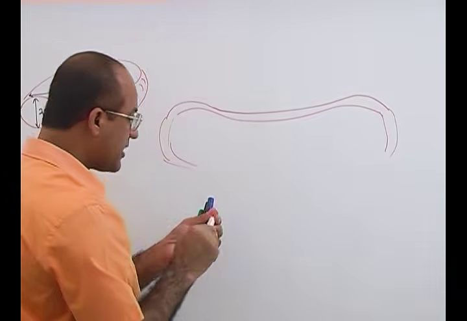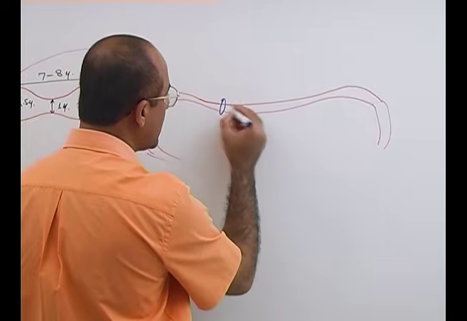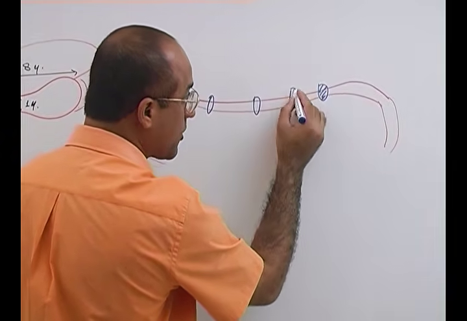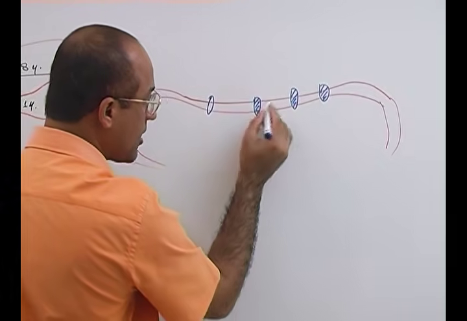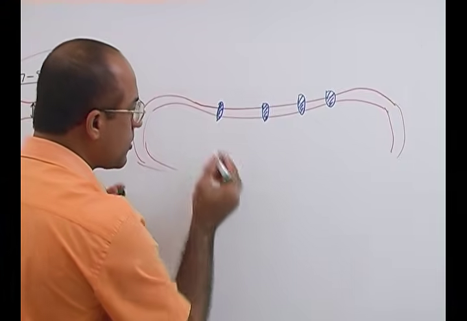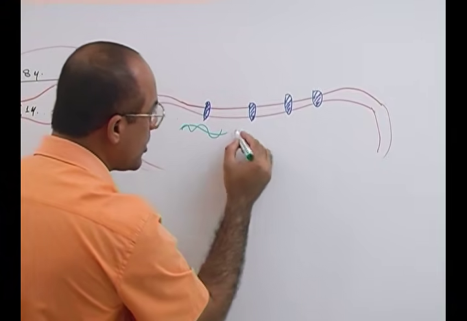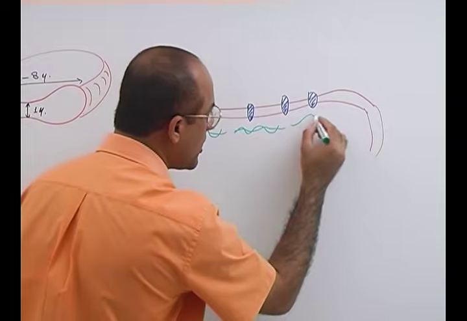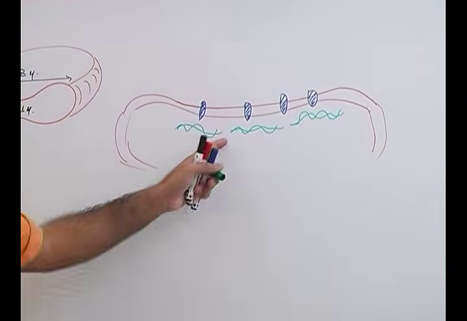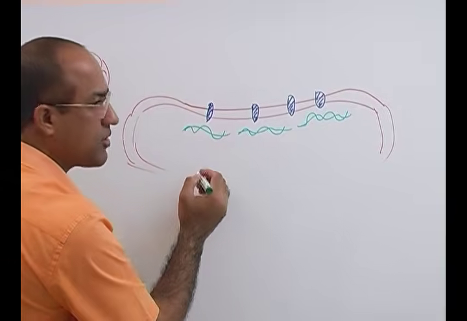There are certain proteins called integral proteins, which go through the membrane. And the other proteins are within, under the interior surface of the RBC membrane, and these are called peripheral proteins.